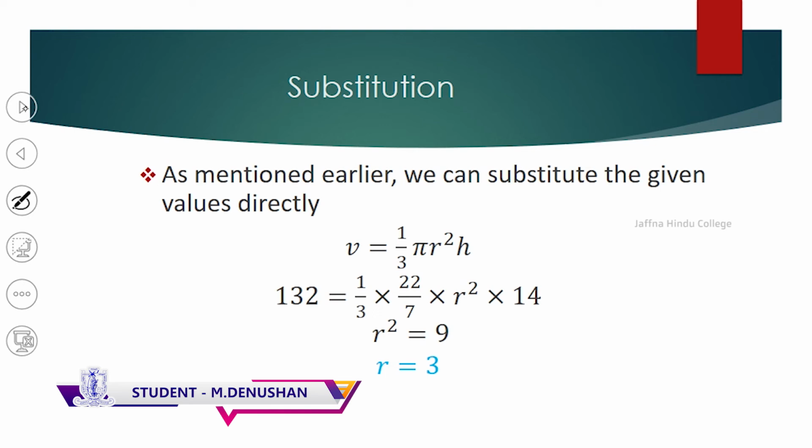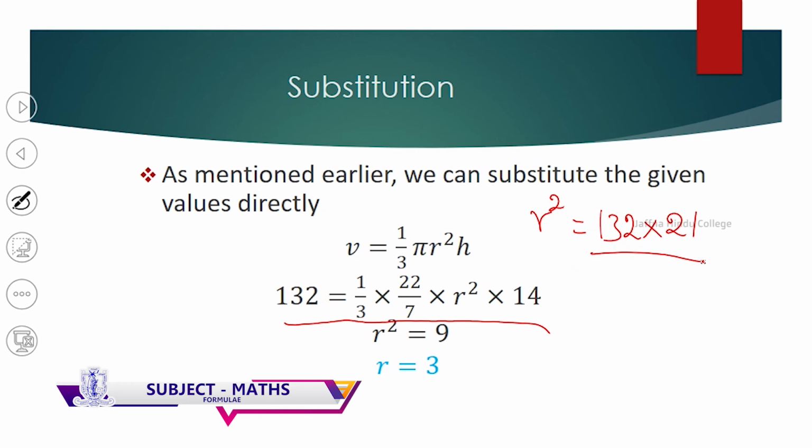We can substitute the given values directly as shown here, and then we have to make r squared the subject. R squared is equal to 132 times 21 over 22 times 14.